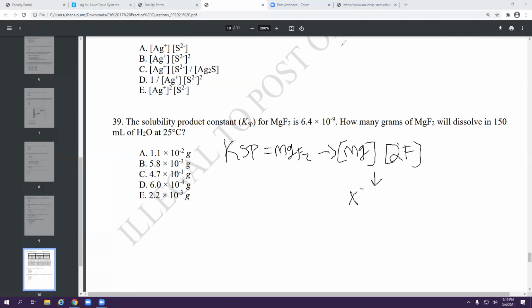That's going to equal X concentration over 2X squared, which will lead to 4X to the third is equal to 6.4 times 10 to the negative 9th. Divide by 4. Take the square root of that.